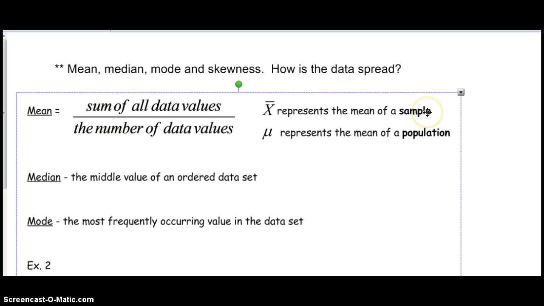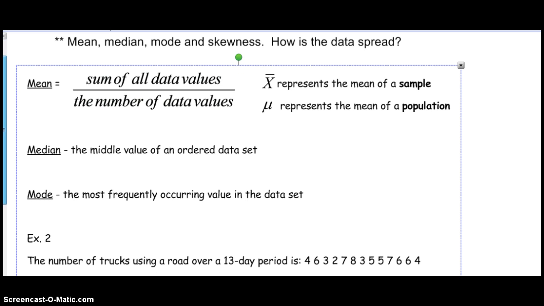You're trying to get an idea of the entire population. It'd be very difficult to get the entire population. If you can, that's what we do every 10 years with our census data, then that's when you will see the mu. So a lot of times the sample just helps us save time and represents the population.